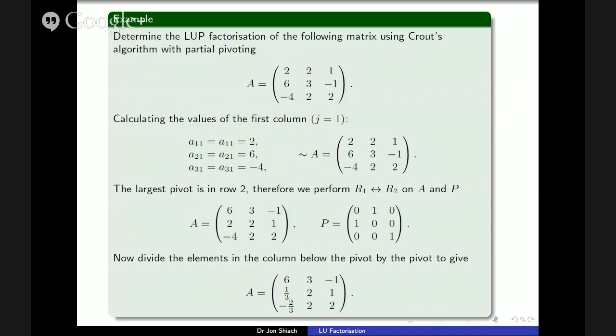Okay, so let's look at an example. This is a slightly different matrix from before, a 3 by 3. Calculate Crout's algorithm for the first column.